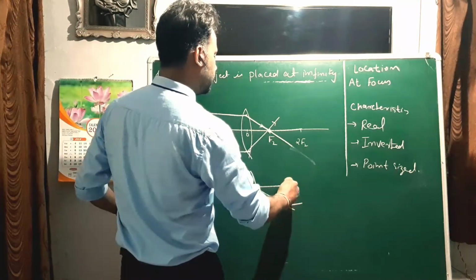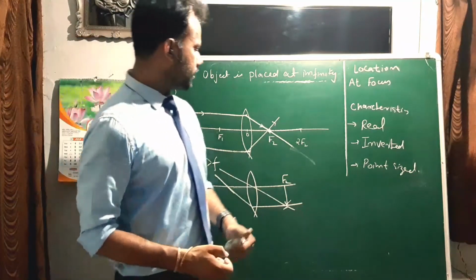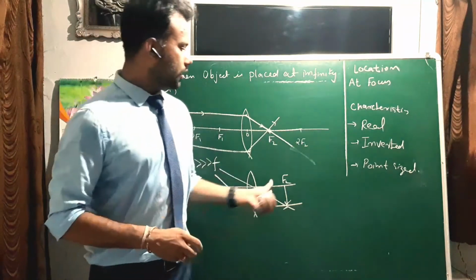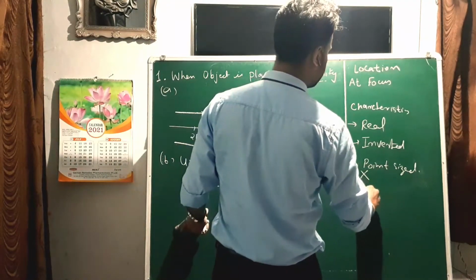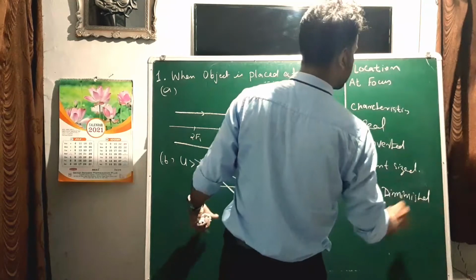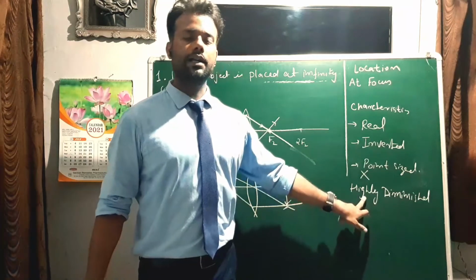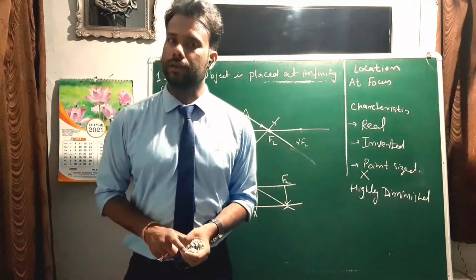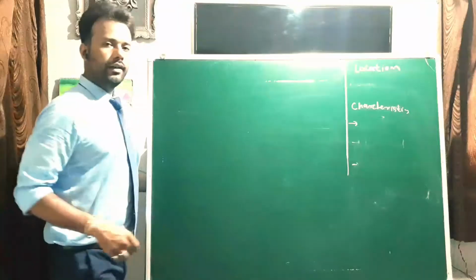So they again form the image at the focus, but the only difference is the image is not point sized. It is highly diminished but not point sized. So the location is at the focus; it will be real, inverted and highly diminished. To repeat the difference: in the first case the object is at infinity, and here the object is not at infinity but far away from the lens.